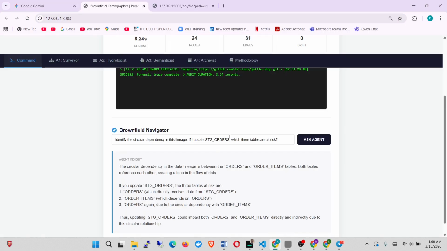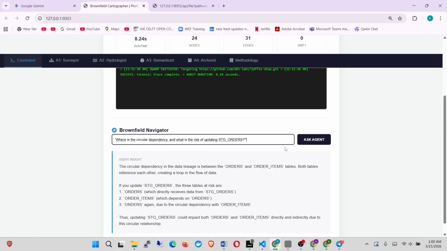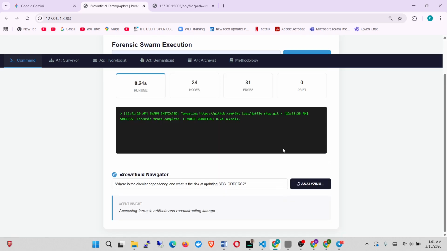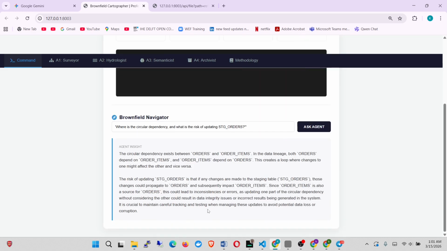But when we come to the forensic AI result of my system, the hydrologist agent has already mapped the repo. It doesn't ask for help. It provides the solution: it instantly flags the circular dependency between orders and order items. It correctly traces the blast radius, everything.